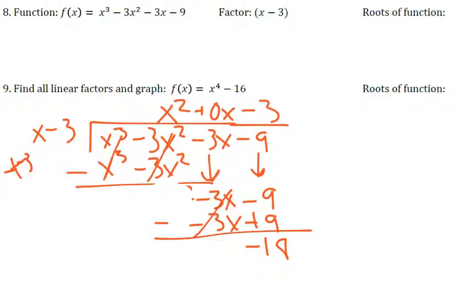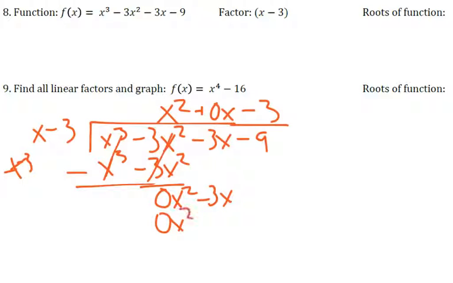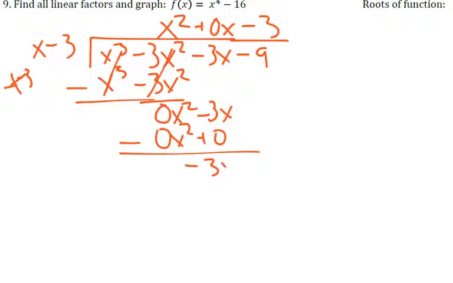Hold on. Maybe we can't do that shortcut. I thought we could, but maybe I might have screwed something up. Let's take a look just to be on the safe side. So that would be 0x squared. So we times by 0x, so we get 0x squared plus 0. Then we'd minus, so we'd end up with -3x.